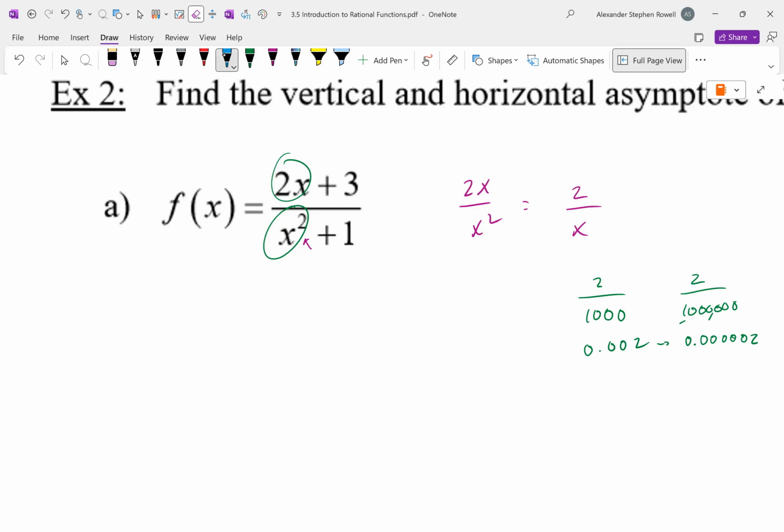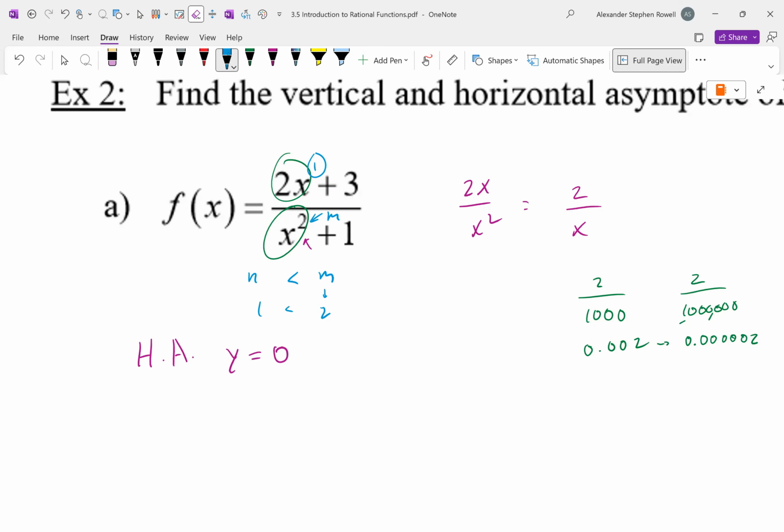Okay, so the rule we want to memorize, if the denominator, this exponent, we'll call that m. If m is larger than the exponent on the numerator, then we say the horizontal asymptote is y is equal to 0. So yes, go ahead. Yes, 1 is less than 2. That is correct.